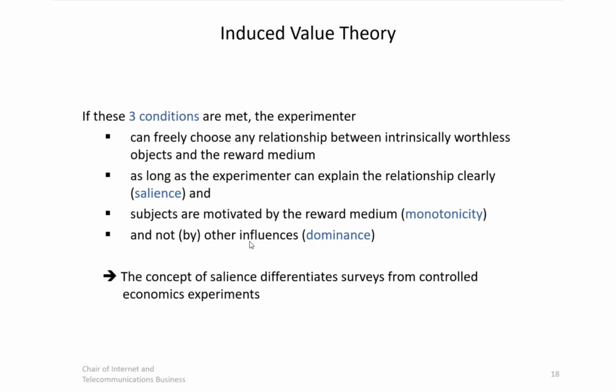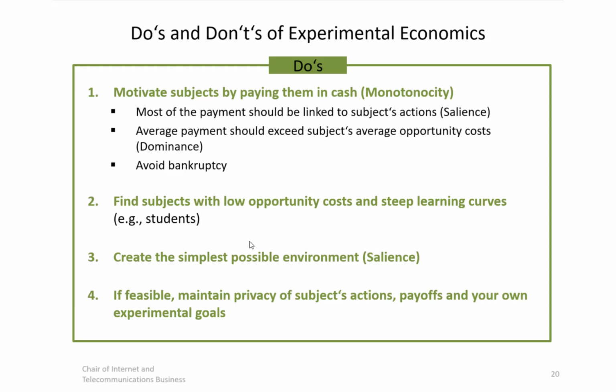Next, as long as the experimenter can explain the relationship clearly, which is important, that salience, that the participant should understand the relationship very clearly, and subjects are motivated by the reward medium and are not influenced by other factors. And the concept of salience differentiates surveys from controlled economic experiments. Okay. Then let's go into the do's and don'ts of experimental economics.